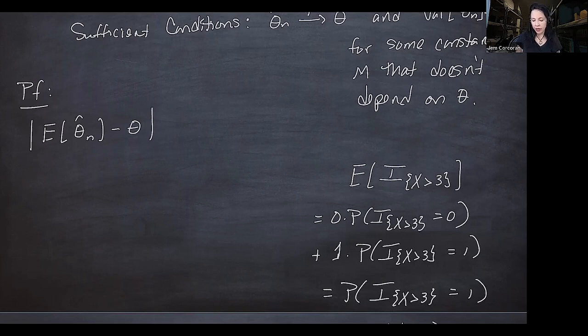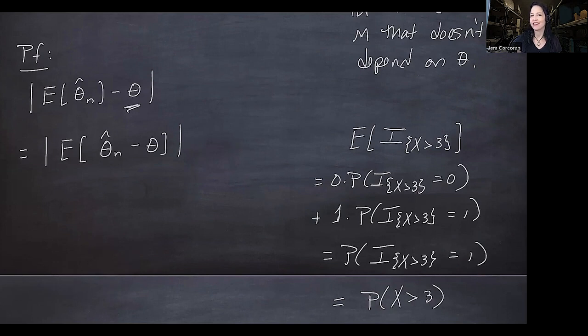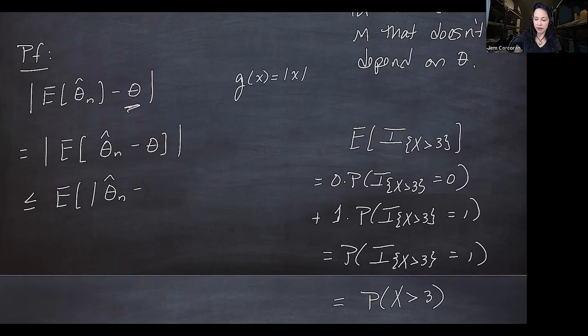So I am going to bring that theta, which is a constant, inside the expectation. Nice. Okay, I'm going to bring the absolute value inside that expectation. There are several arguments to be made here. One is that it's like an integral, and you maybe know what happens there. Another is Jensen's inequality, using g of x equals the absolute value of x. Another is kind of common sense-ish. This is going to be less than or equal to the expected value of the absolute value of this difference.